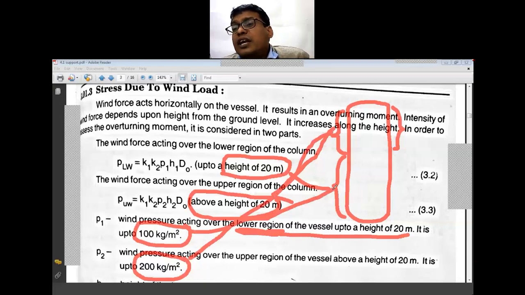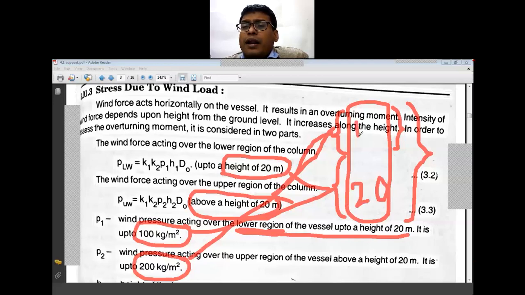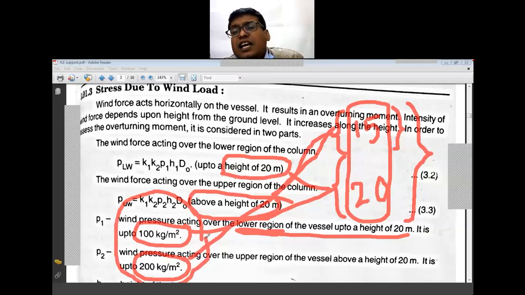Now, instead of defining these two separately, I can make a combined value also. If my column height is, say, 35 meters total, that means 20 is in the lower region and 15 meters is in the upper region. So I can also take the average of this into account. In some numericals, I can be given a single value.